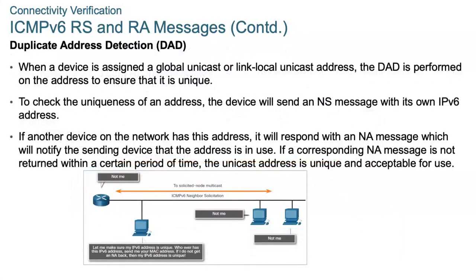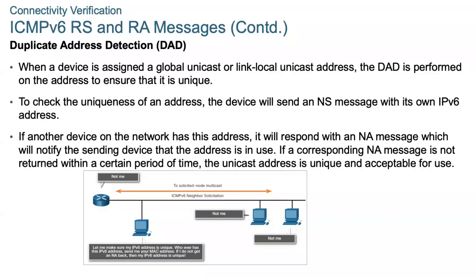So the duplicate address detection can be done using this ICMP router solicitation and router advertisement. When a device is assigned a global unicast or link local unicast address, DAD, that is duplicate address detection, is performed on the address to ensure that it is unique.